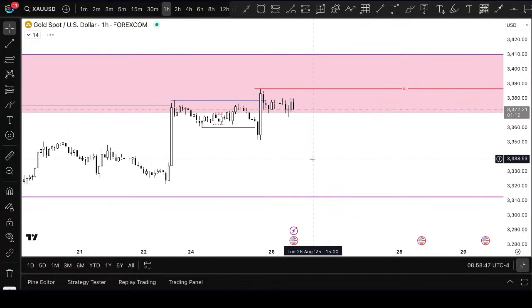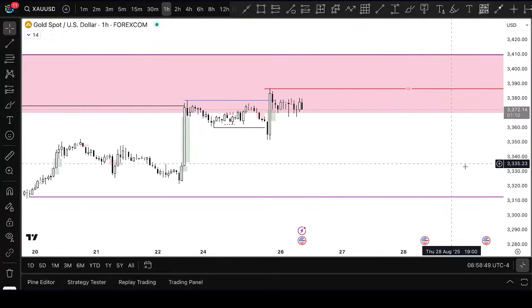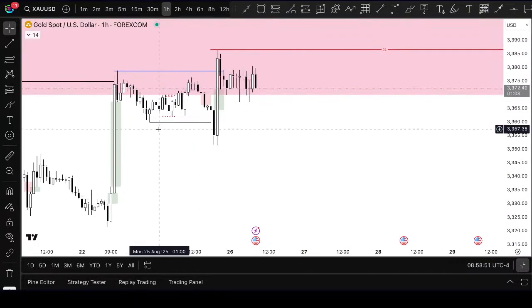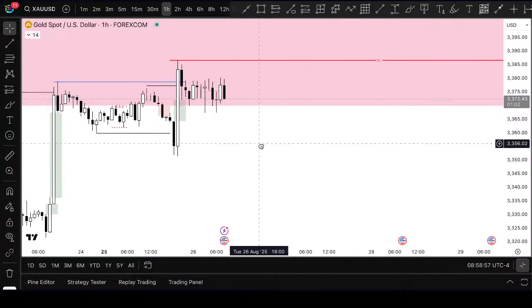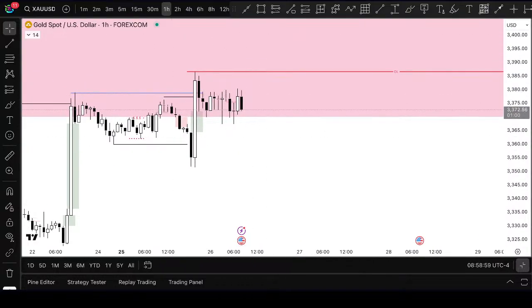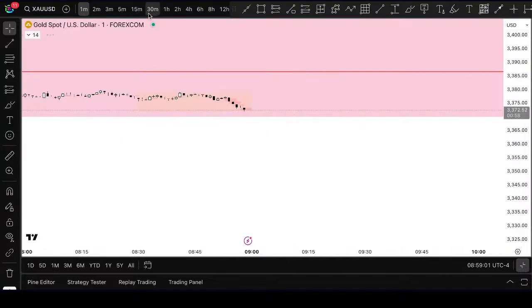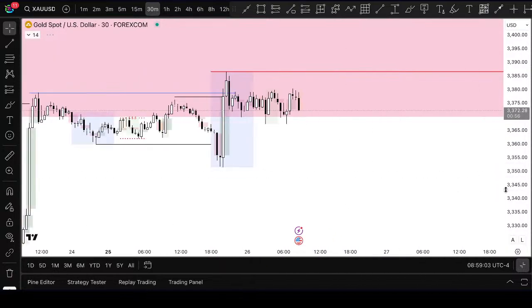Now if we go to the H1, we can see that it has clearly taken the liquidity, created here a break of structure, and still we are in the bullish. So now we go to 30 minutes, which will have more details.